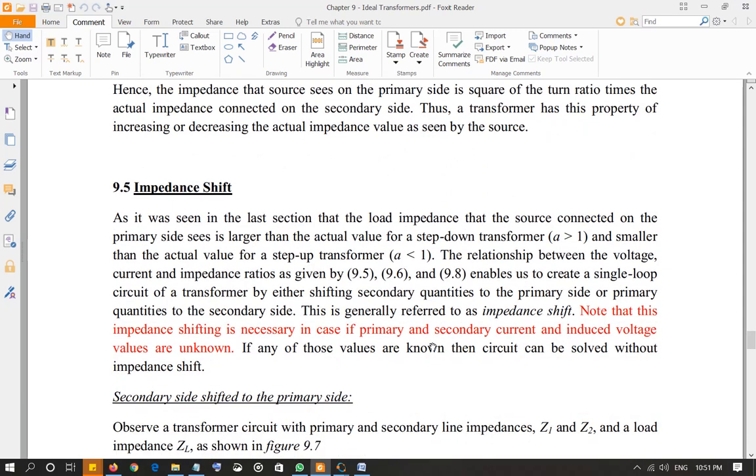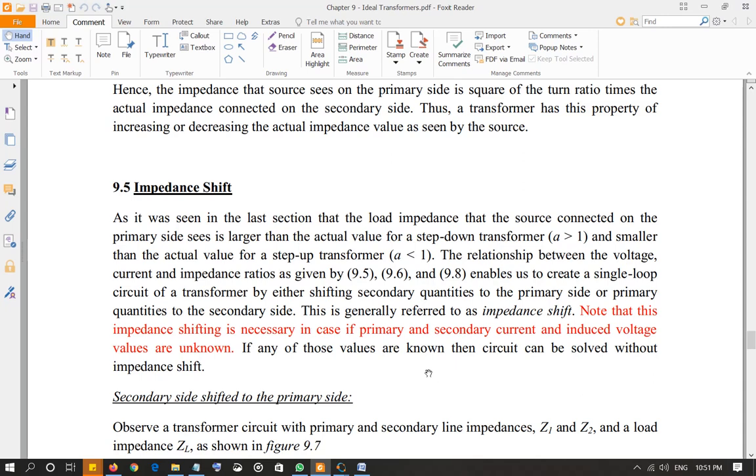So this property of the transformer, that it relates the primary impedance and the secondary impedance using the square of the turns ratio, can be utilized by shifting everything that is connected on the secondary side towards the primary side, which we call secondary side reflection on the primary side, or secondary side shift on the primary side, or vice versa.